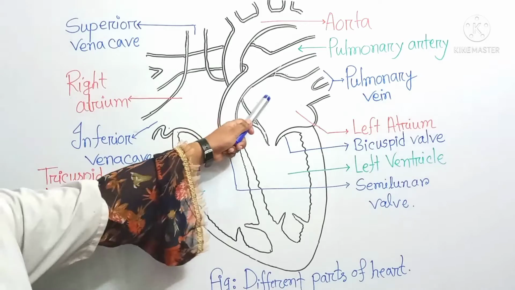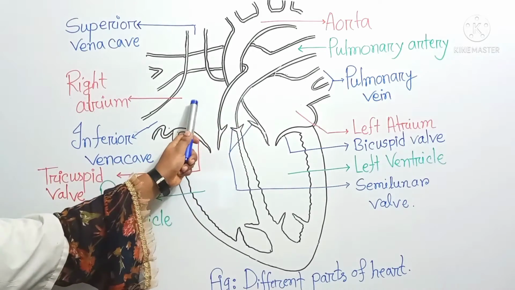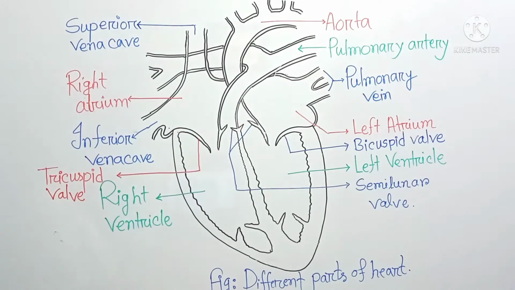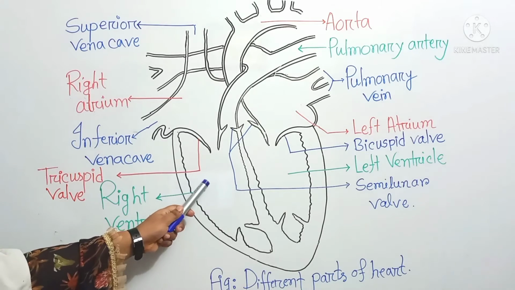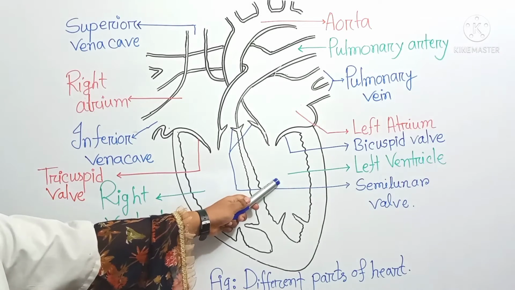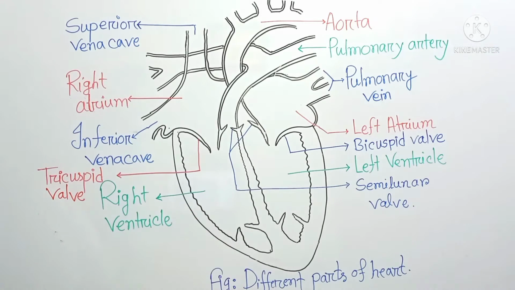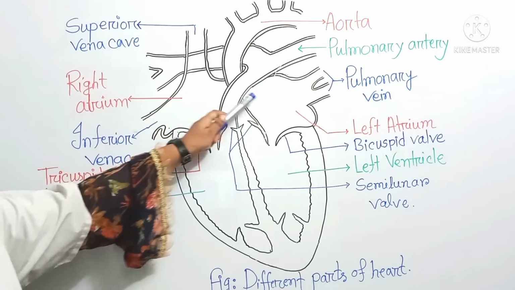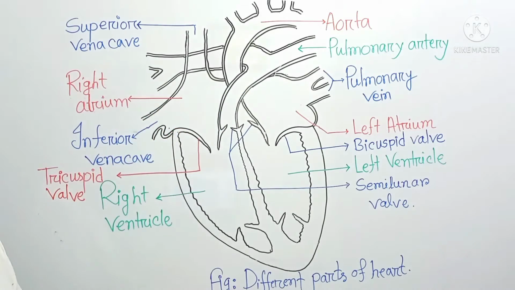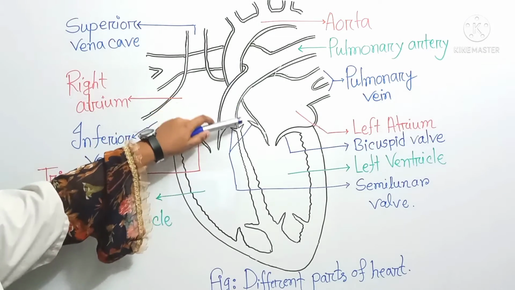The upper two chambers are called the right and left atrium, and the lower two chambers are called the right ventricle and left ventricle. The atria are divided by the interatrial septum.